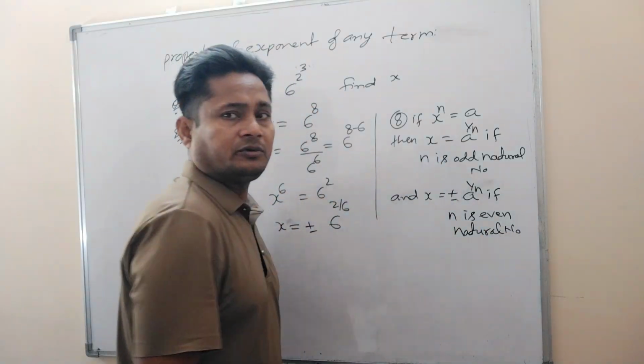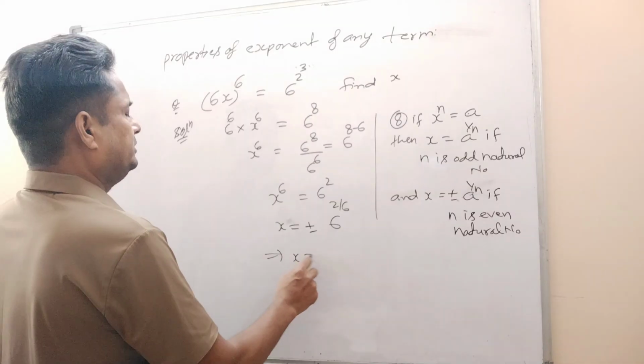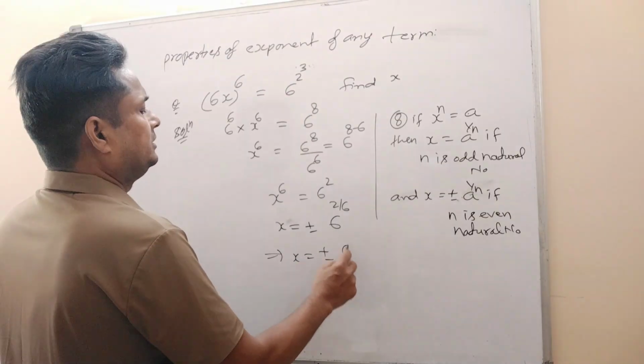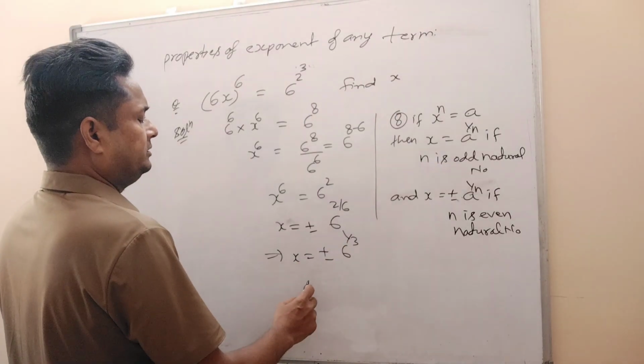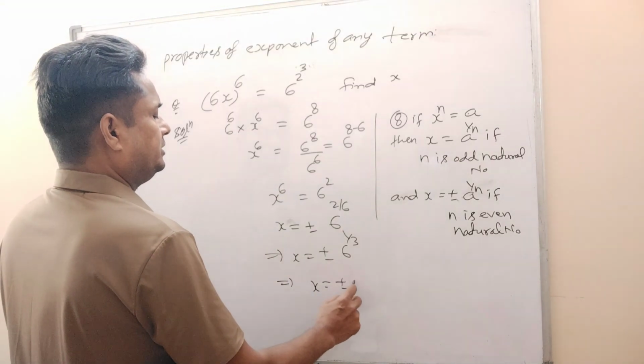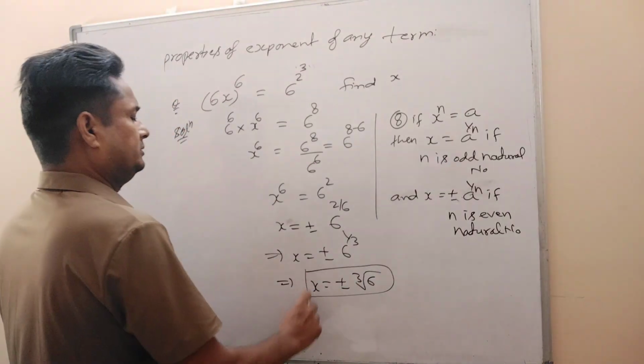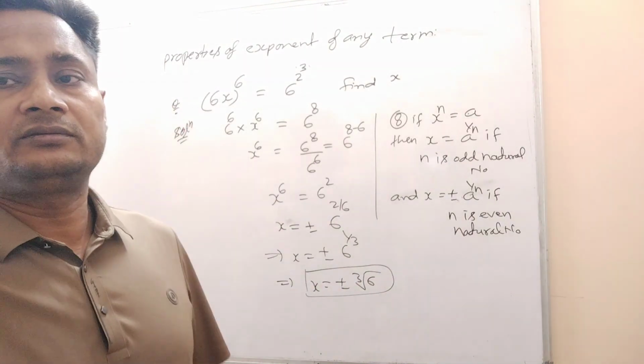This is also a property. So x is equal to plus minus of 6 to the power 1 by 3. So this can be written as x is equal to plus minus of cube root of 6. So this is our answer to this question.